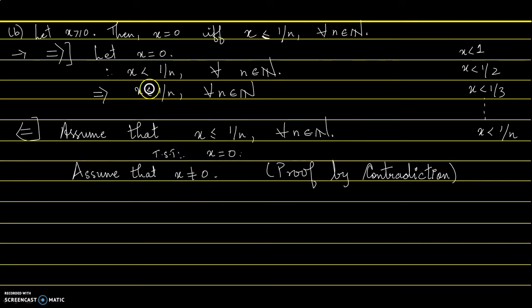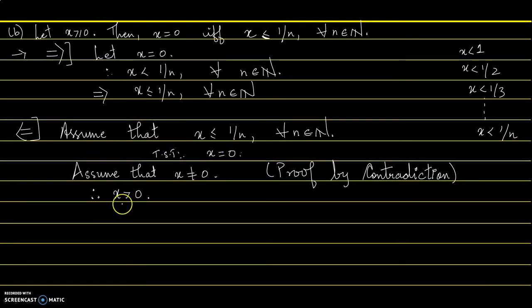Now if you go back to the hypothesis, x is greater than or equal to 0. So x has two choices, either it is 0 or it is positive, and now I'm assuming that it is not equal to 0. That forces x to be strictly greater than 0 because it is not 0 and it cannot be negative by the hypothesis.